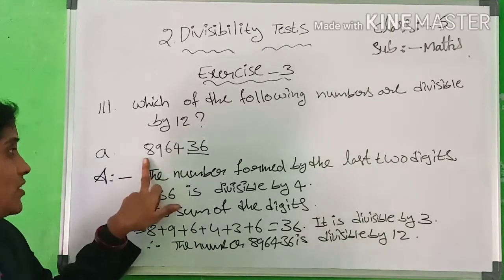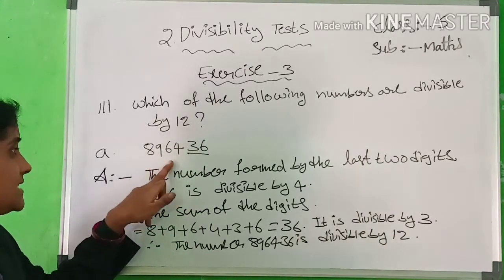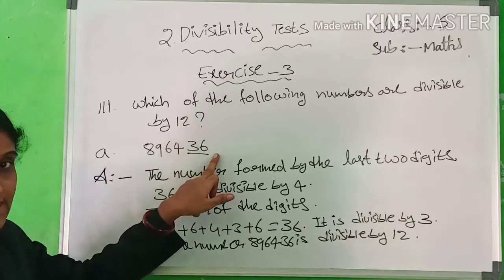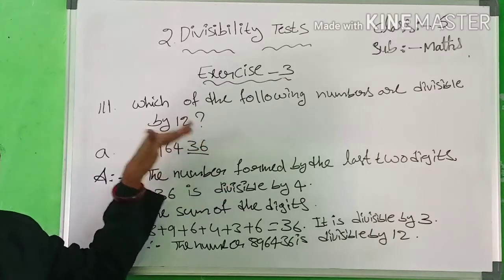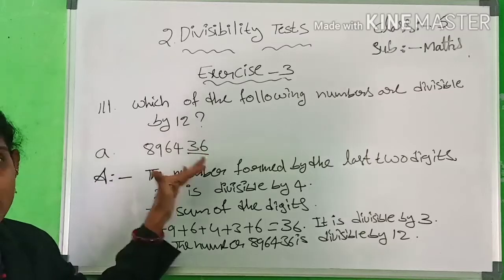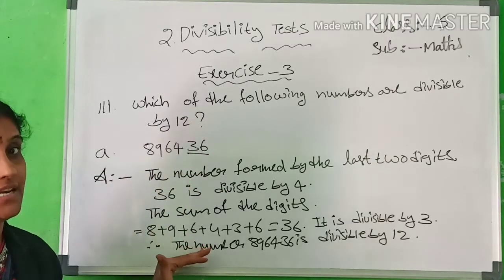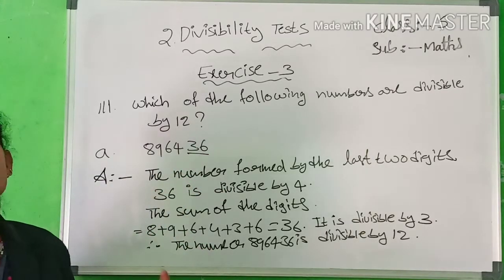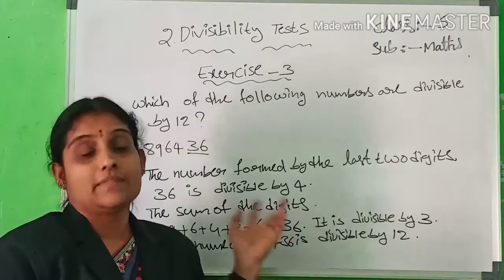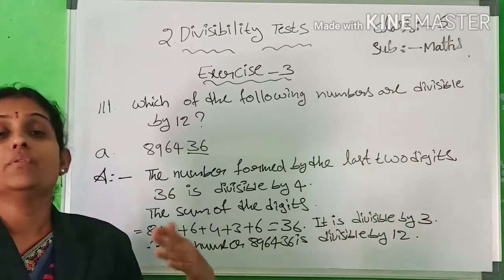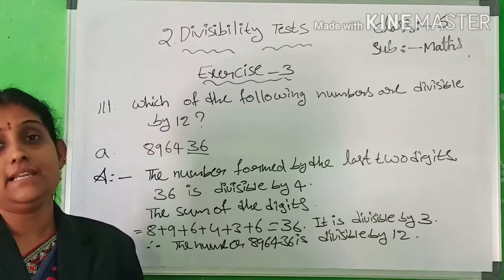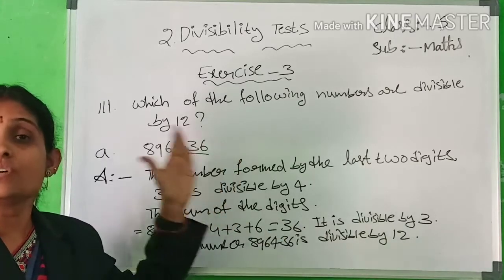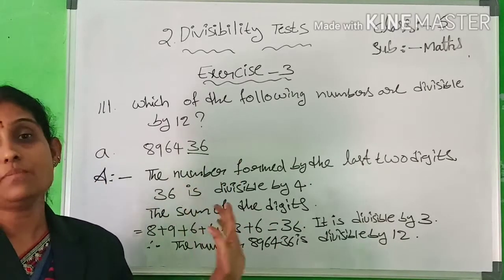The given number is 8,96,436. Is it divisible by 12 or not? How will you check? What is the divisibility test rule children? If the given number is divisible by 4 and 3, the total number will be divisible by 12.